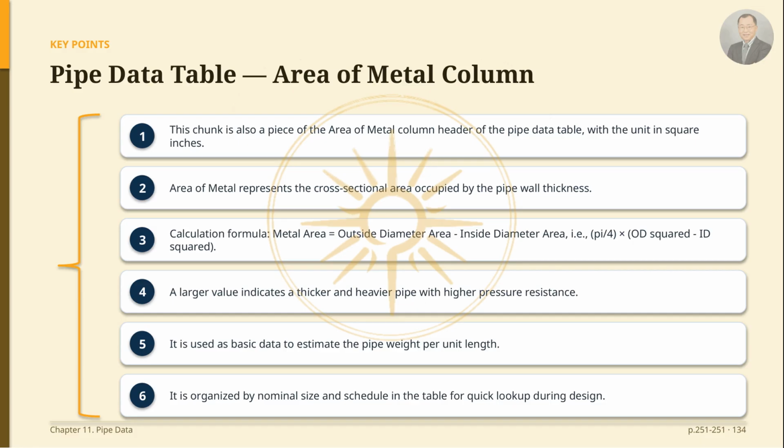The larger the area of metal, the thicker and heavier the pipe is, and consequently, its ability to withstand pressure increases. Additionally, this value serves as the basic data for estimating the pipe weight per unit length. In the table, these areas are organized by nominal size and schedule, allowing you to quickly find the necessary values during design.